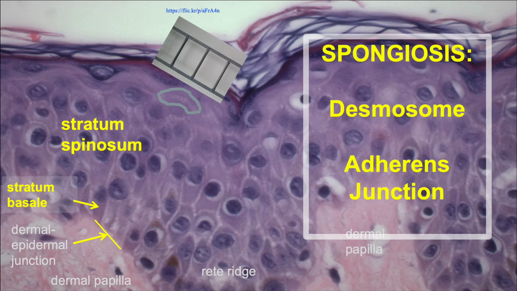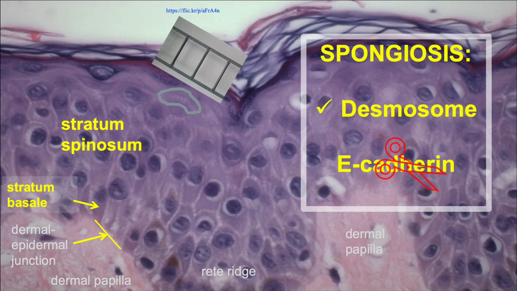And so with spongiosis, there is evidence for a T-cell mediated process, with interferon gamma producing T cells resulting in cleavage of one of the critical proteins in the adherens junction known as E-cadherin. And with the immunologically mediated cleavage of E-cadherin, there's sufficient loss of the cell-cell adhesion to allow spongiosis to occur.